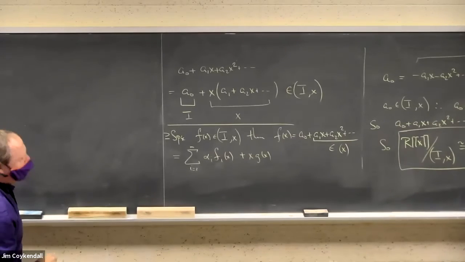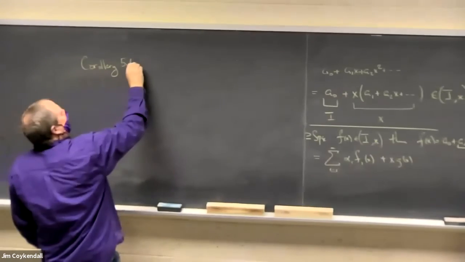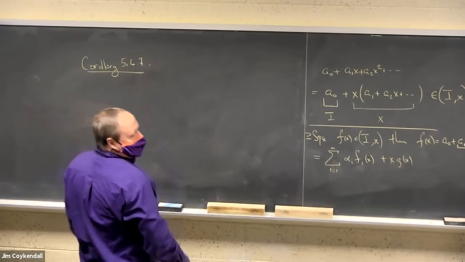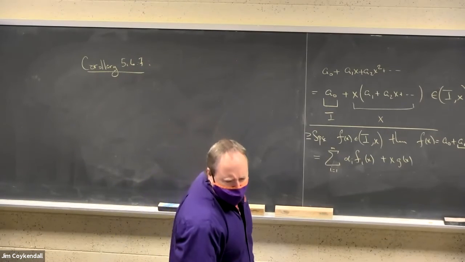Corollary 5.6.7. Let R be commutative with identity.